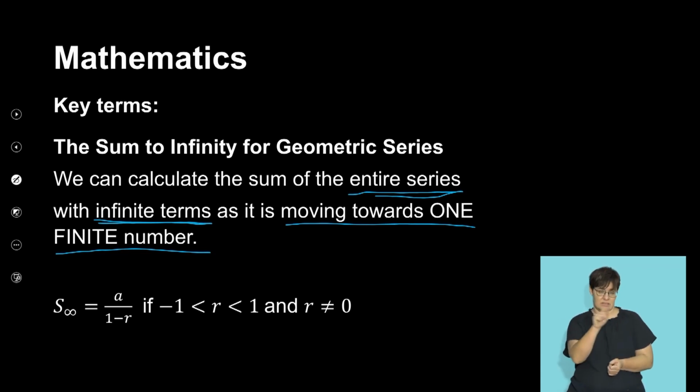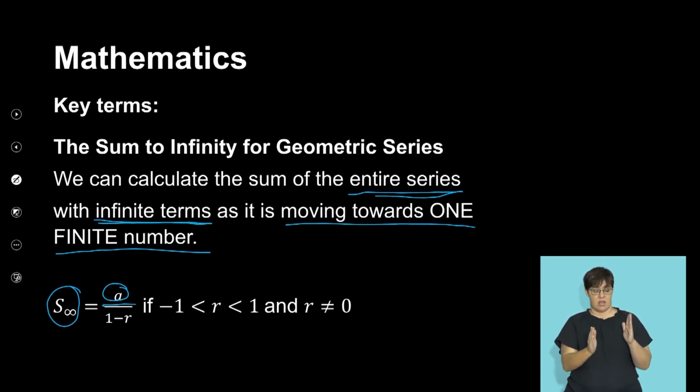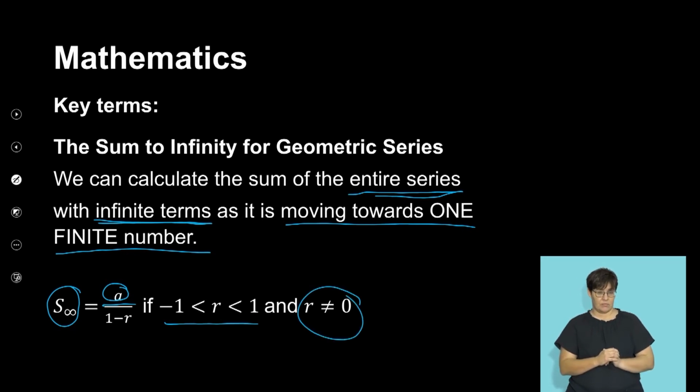So the sum to infinity can be calculated when I have a divided by 1 minus r. So I need my a and I need my r. Please remember, I can only use this formula if my ratio is between -1 and 1 and r is not equal to 0. So only use sum to infinity if your ratio meets the requirements.